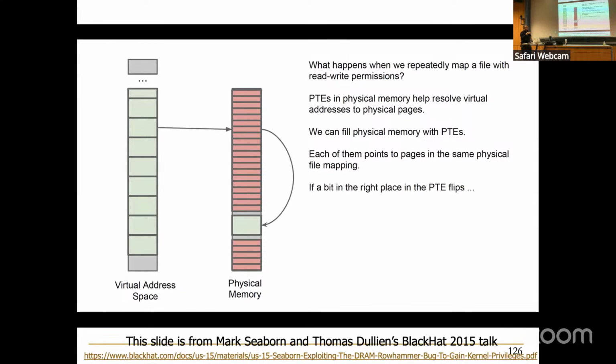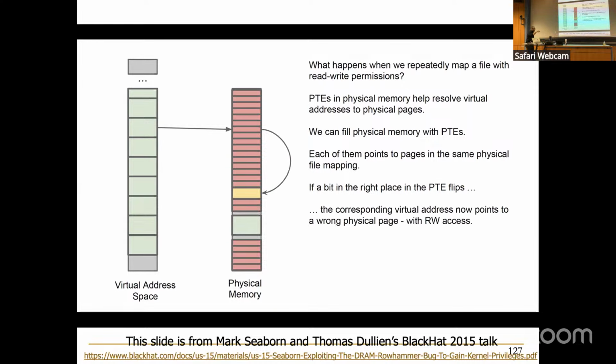So if I had a bit which, in the right place, flips in the PTE, then the corresponding virtual address would point to a wrong physical page with read-write access, because I have read-write access to this page. If I flip a bit of the physical frame number, then I could make it point anywhere I want. So the chances are that this wrong page contains a page table itself.